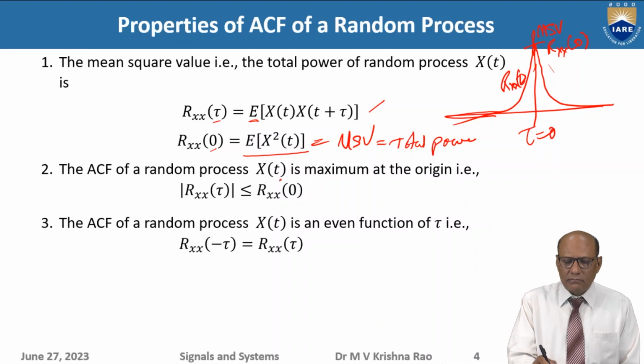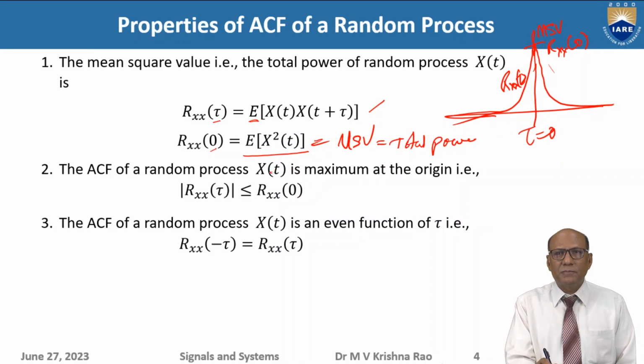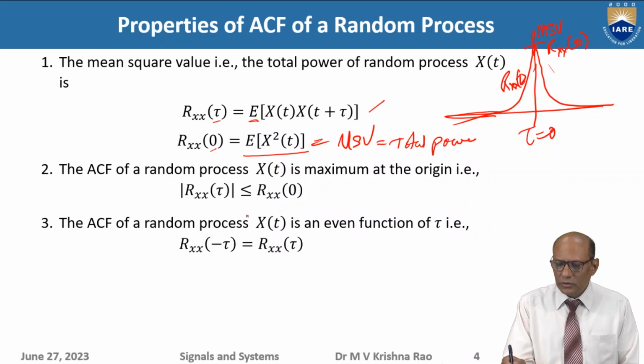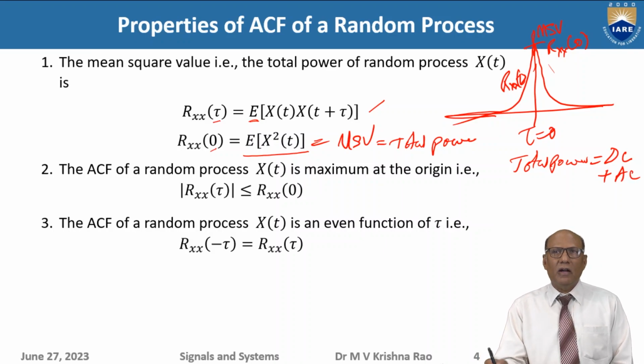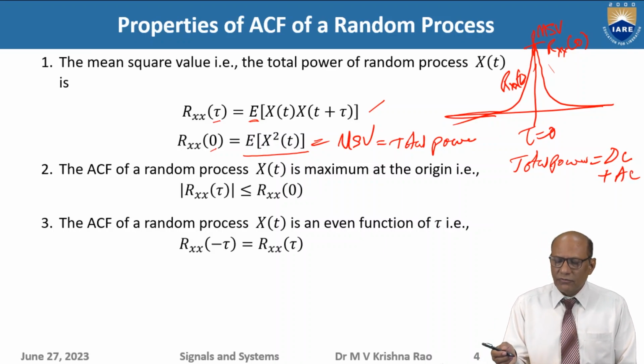If I assume that the mean of this process is 0, so what is total power? Total power equals constant DC power plus AC power, the alternating or variable component plus the constant component.